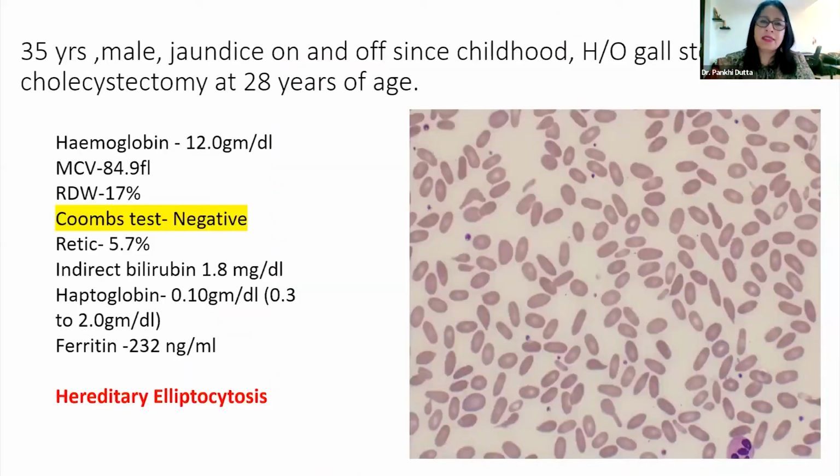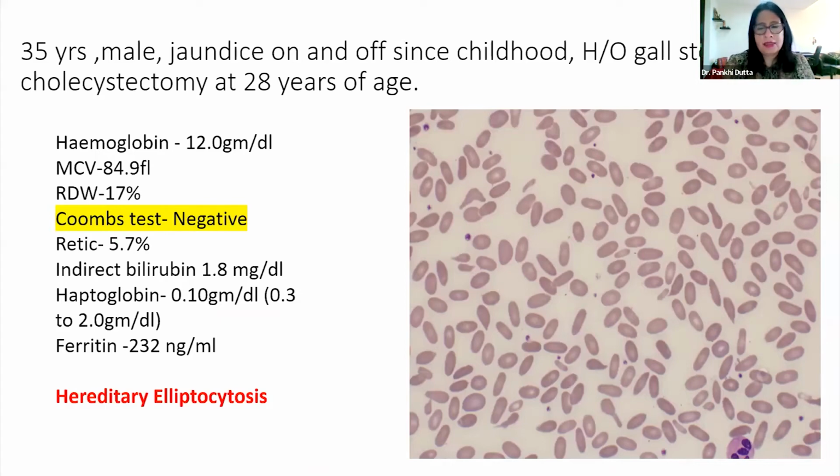Something very similar is hereditary elliptocytosis. Again, you can see sometimes the elliptocytes can be less than what you are seeing. It can vary from 10 to 100%, but the definition says that you should have at least 25%, where you may not even do anything further. And if you have these clinical features, you know that you are dealing with hereditary elliptocytosis.